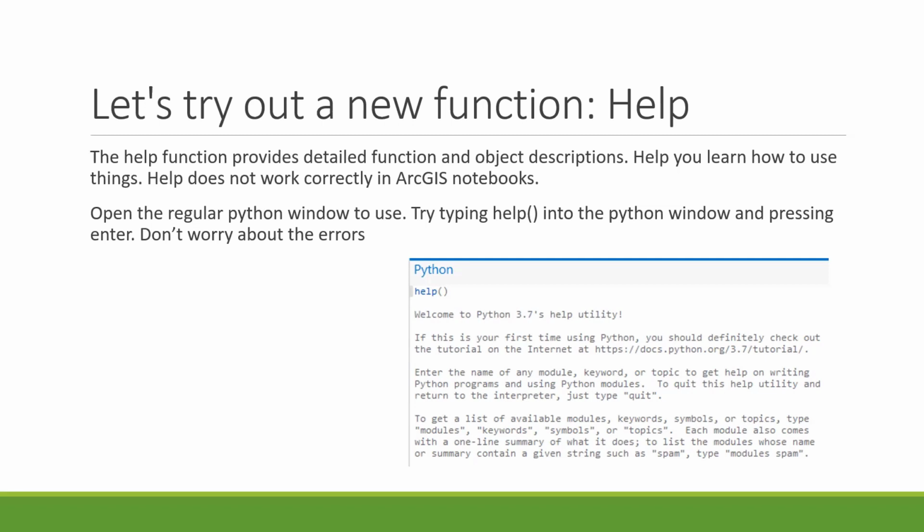So help doesn't quite work with ArcGIS Notebook so well. So you have to open this in your Python window instead. But if you just go ahead and type in help with your opening and closing parentheses, you will get a bunch of helpful information about the help function.